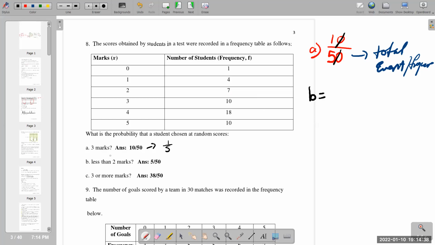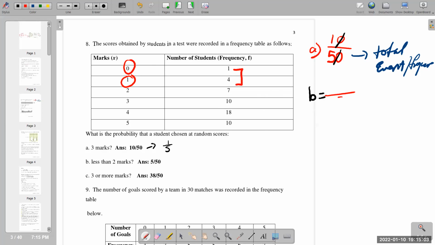Anybody see why it's 5? Because in this example, you're not going to be looking at only one row, because you need to look at everything that is less than 2 marks. So what is less than 2 marks? 1 mark and 0 mark, right or wrong? And so how many people got between 0 and 1? You've got to add 1 and 4.